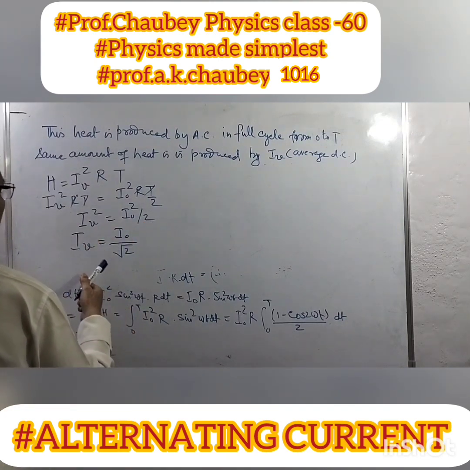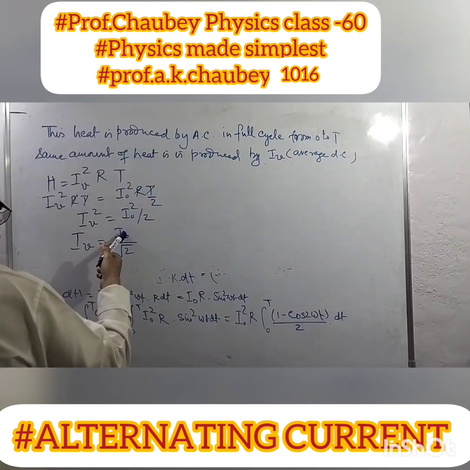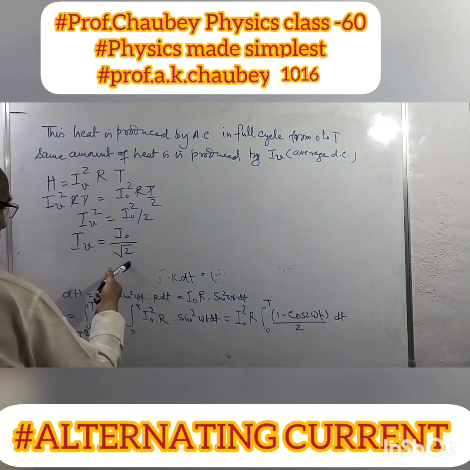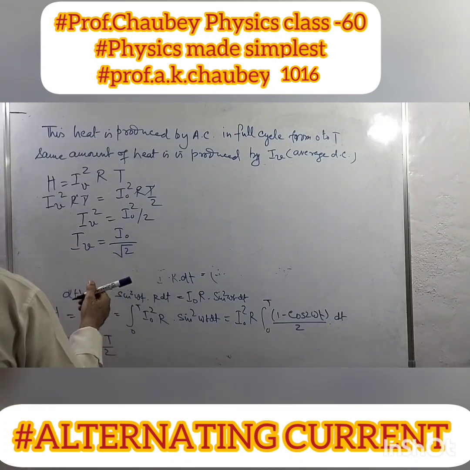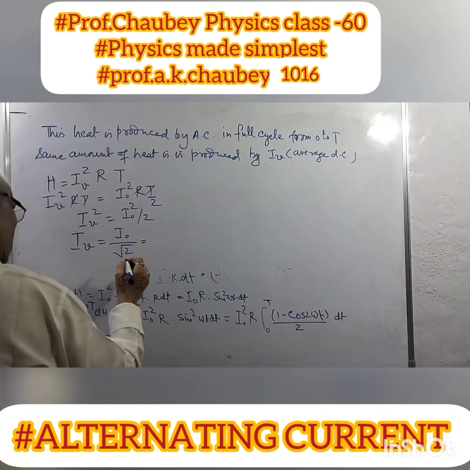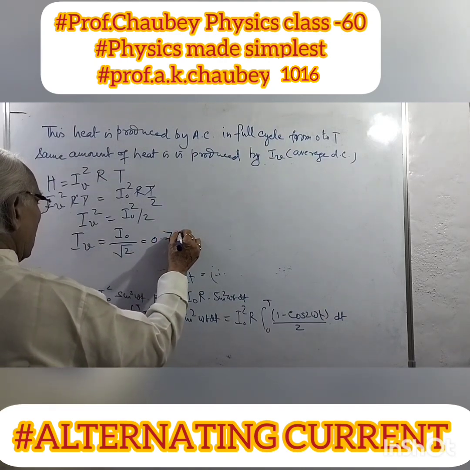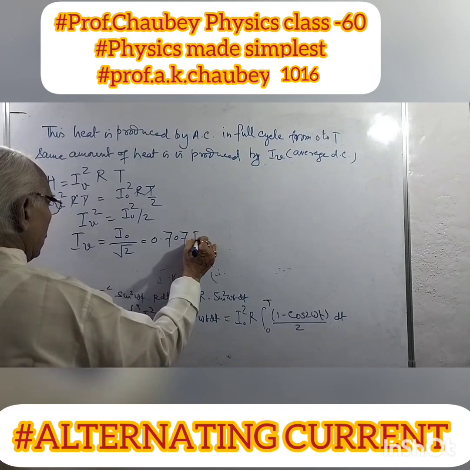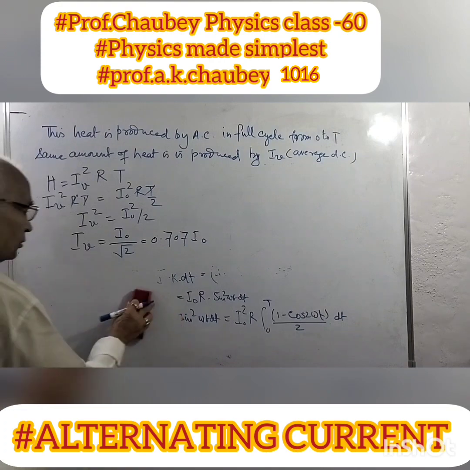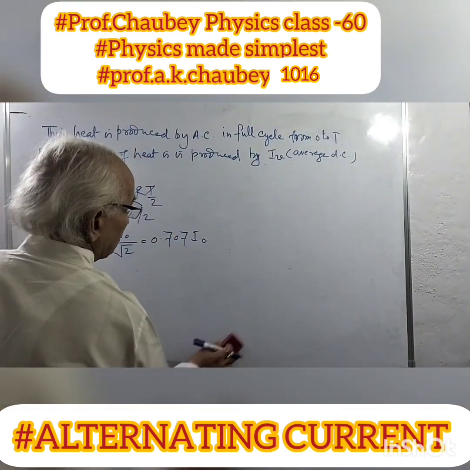This means the average DC current is I naught by root 2, the peak value of the AC upon root 2, or 1 upon root 2 means 0.707. So I V is equal to 0.707 I naught, 1 by root 2 I naught.